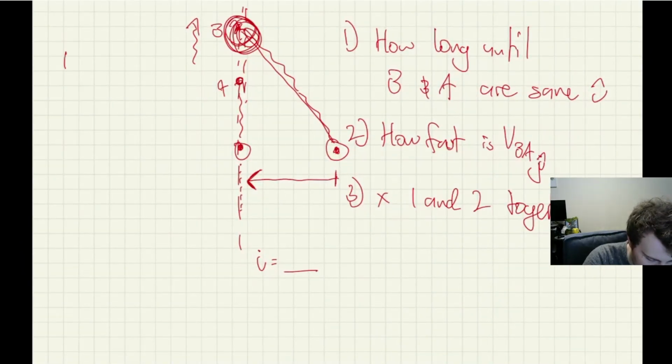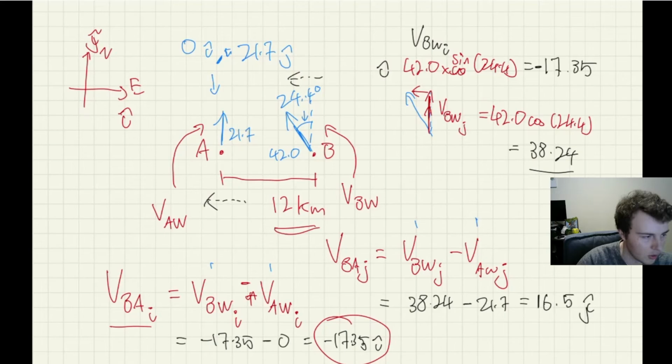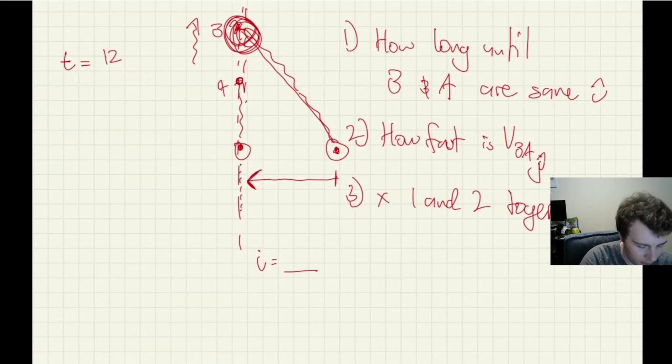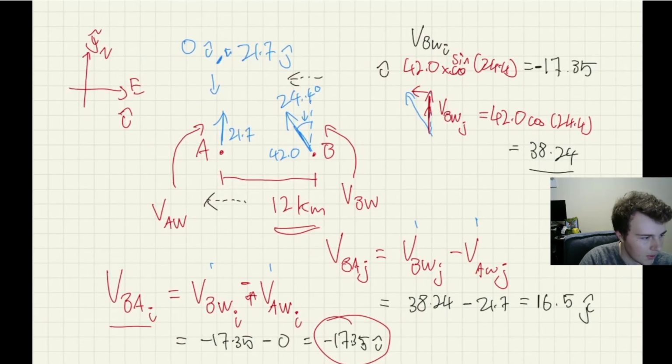Well, the time taken is equal to the distance, which, remember, they're 12 kilometers apart in the horizontal axis. So it's 12, because we're doing kilometers per hour here, divided by 17.35.